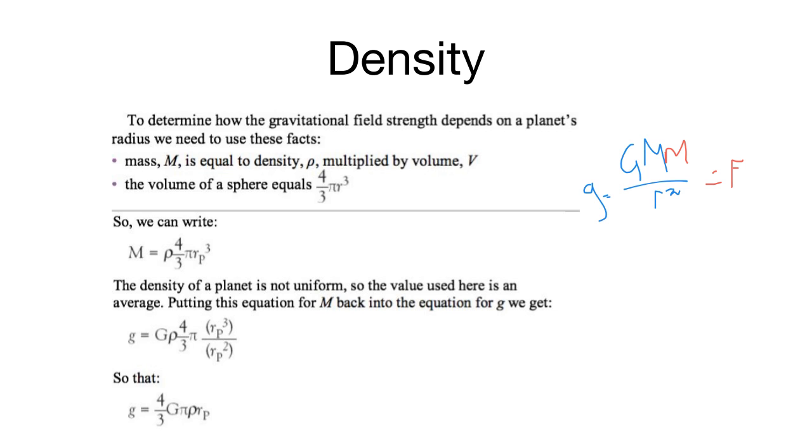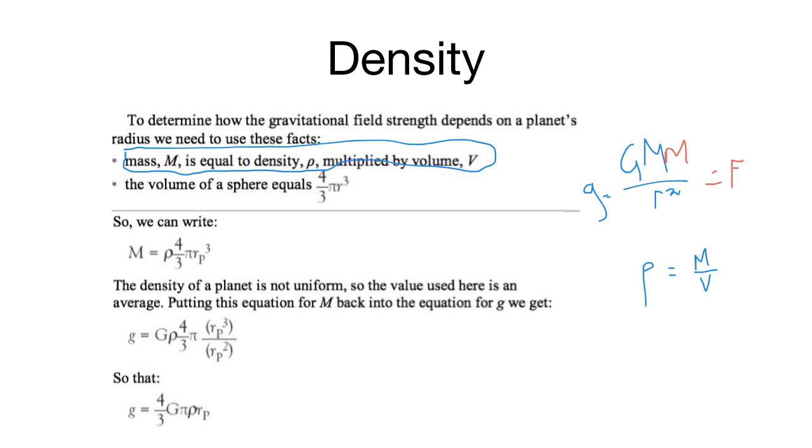The important thing to remember, bringing in from previous study, is that mass is equal to density multiplied by volume, right? So I like to remember it like this. It makes more sense to me. Density, the amount of mass per unit volume, is equal to mass, surprise, surprise, over volume.